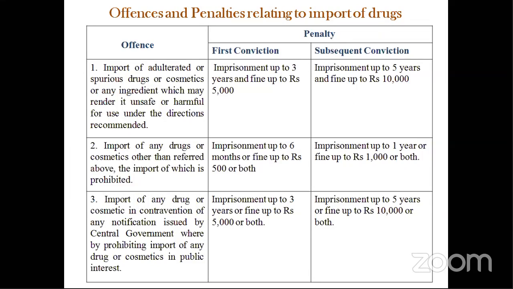In case of a first conviction, imprisonment up to 6 months, or a fine up to 500 rupees, or both. In case of subsequent convictions, imprisonment up to 1 year, or a fine up to 1,000, or both.